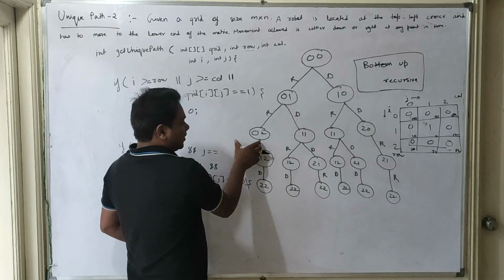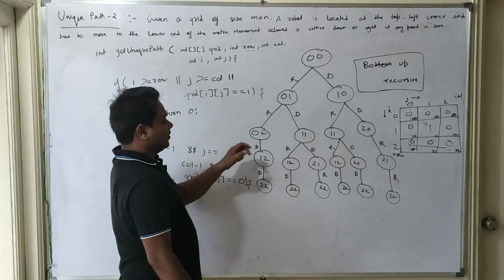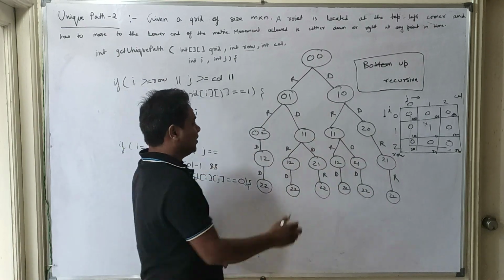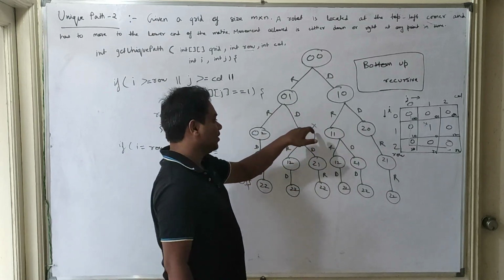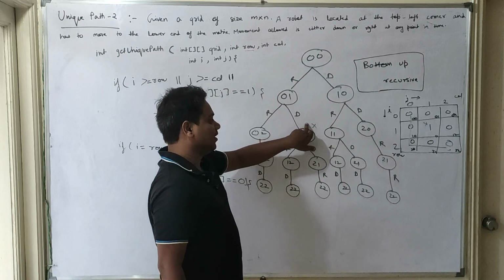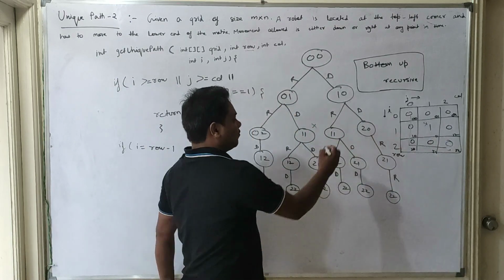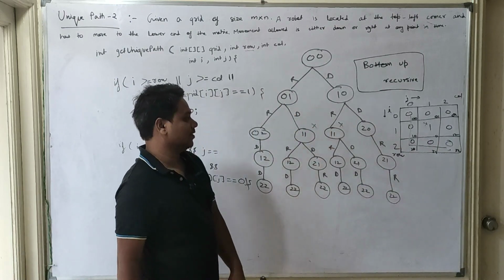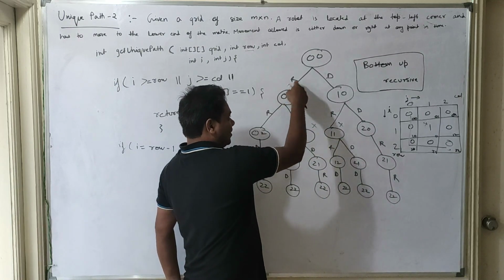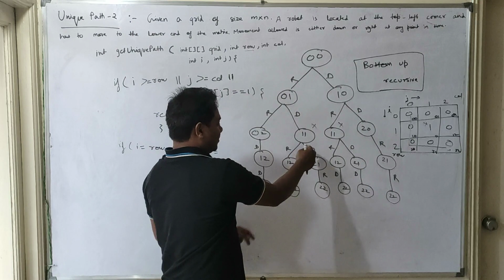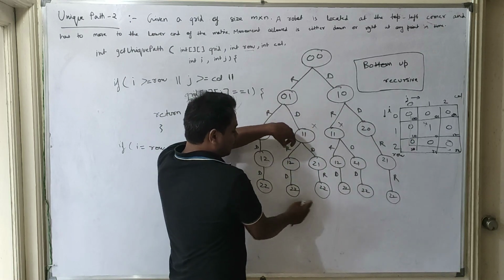Now in this state space tree, you can see we cannot go via this path because it is having the obstacle at 1 1. We cannot go via this path, again it is having obstacle. So if we would have chosen this path, then it would have led to 2 more paths.